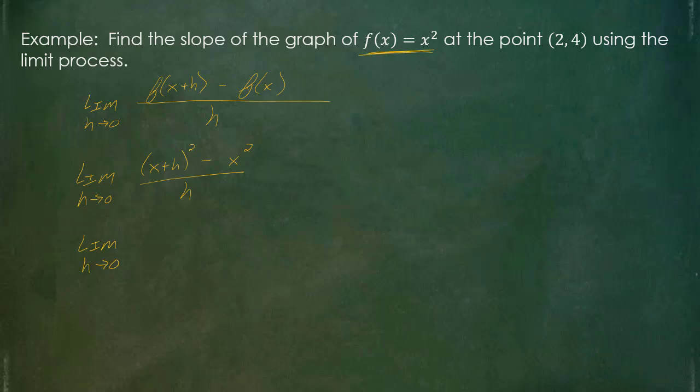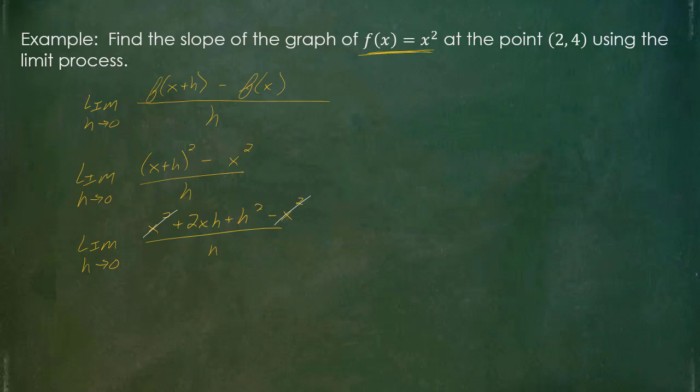So I still have the limit as h approaches 0 of, this would become x squared plus 2xh plus h squared, then minus x squared, still all over h. At this point, hopefully we can see that there are some terms that are going to be able to cancel out. We have x squared will be able to cancel with negative x squared.